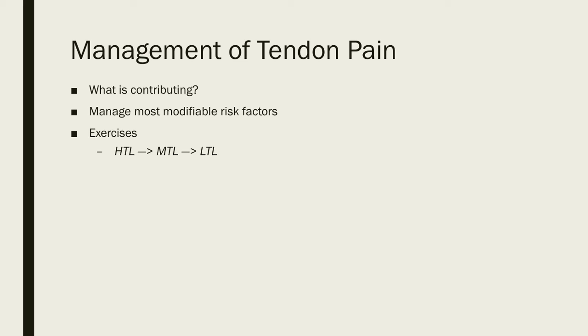Also, choosing exercises that will develop muscle strength and size without further overloading the tendon is really important. Tendons need to be overloaded compared to their current capacity in order to trigger that collagen adaptation, but the overload really has to be controlled.